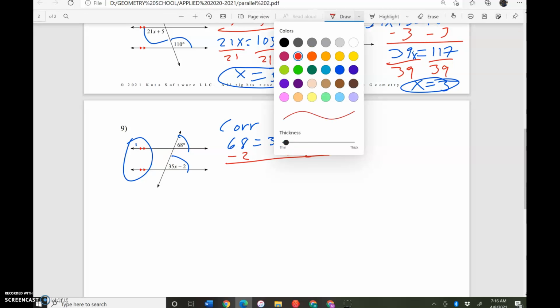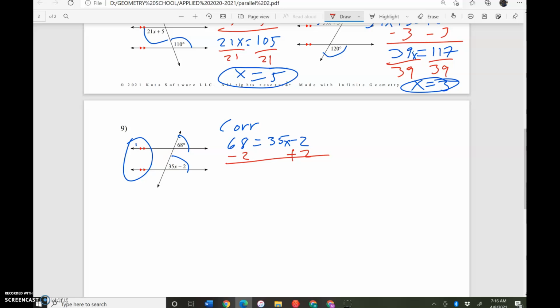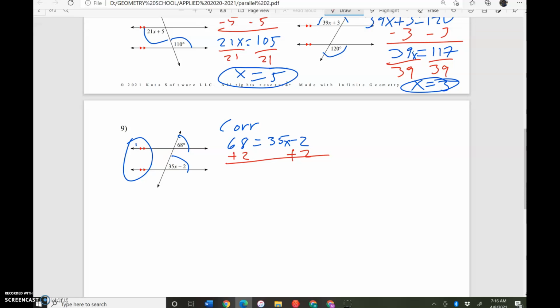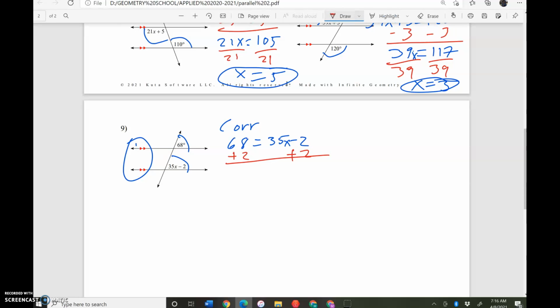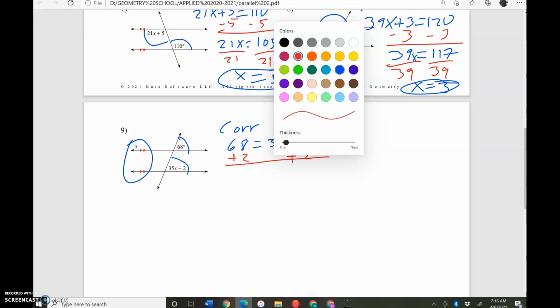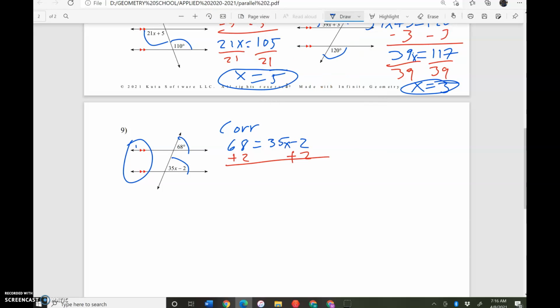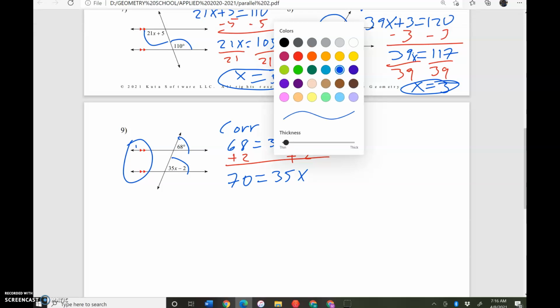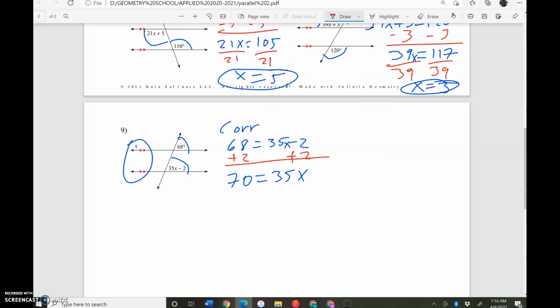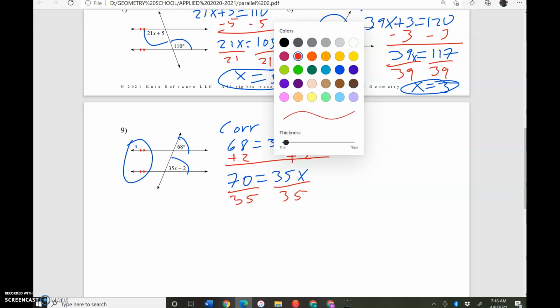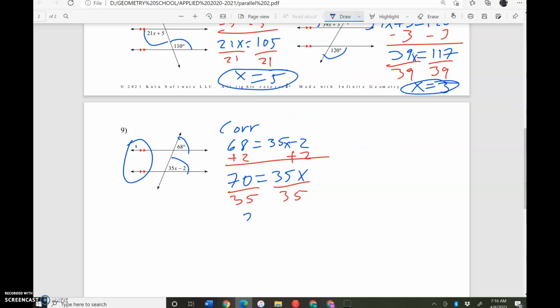We are adding 2 because we have to do the opposite. So we're adding 2 to both sides. So now we get 70 is equal to 35x. So I'm going to divide both sides by 35. So that leaves us with 2 is equal to x.